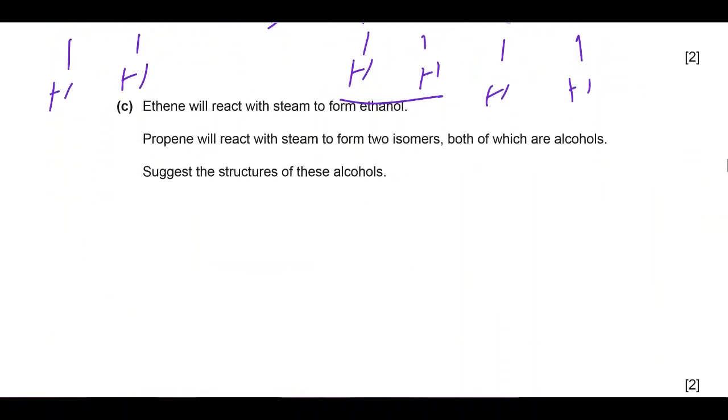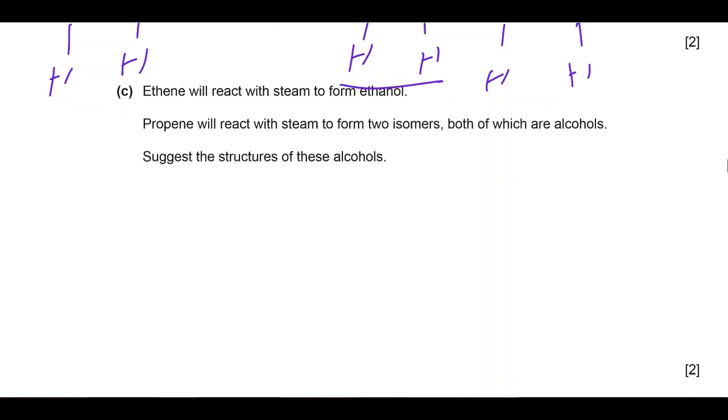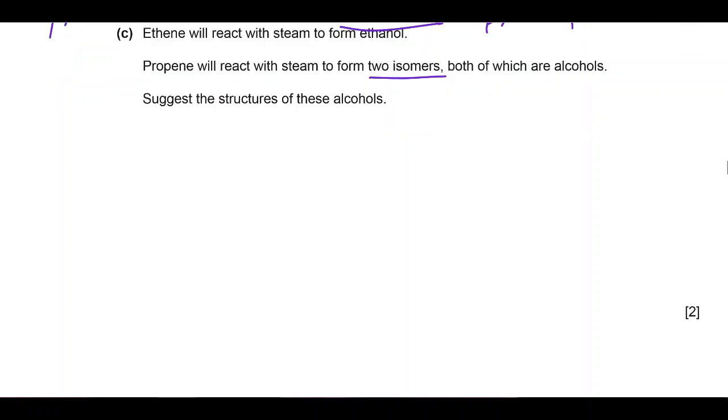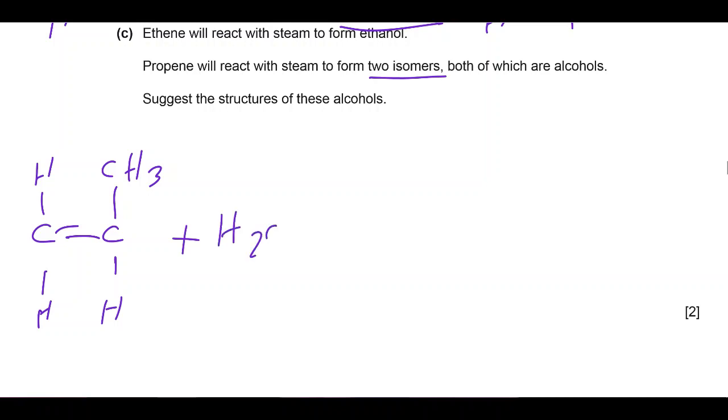In the next question, ethene will react with steam to form ethanol, but propene will react with steam to form 2 isomers, 2 different alcohols. Suggest the structure of these alcohols. Again, let's draw the propene, plus H2O.